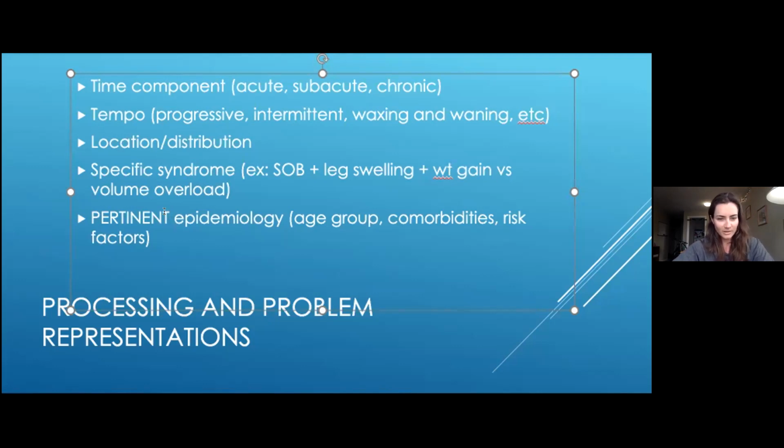The point of a problem representation is to frame how we are thinking about a patient as it pertains to the problem at hand. If these things are not relevant and they're not driving your thinking about what's going on with this patient, they probably don't belong in that one-liner.